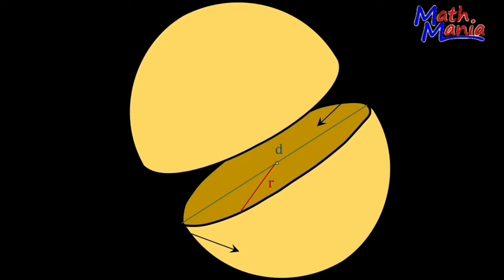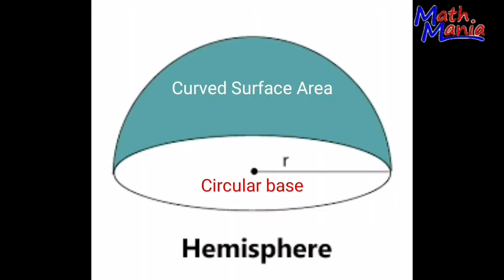Okay friends, from this figure we can understand the curved surface and the flat surface, that is the circular base. This shaded region is the curved surface and the below side is the plain region, which is the circular base of this hemisphere, that is the flat surface.